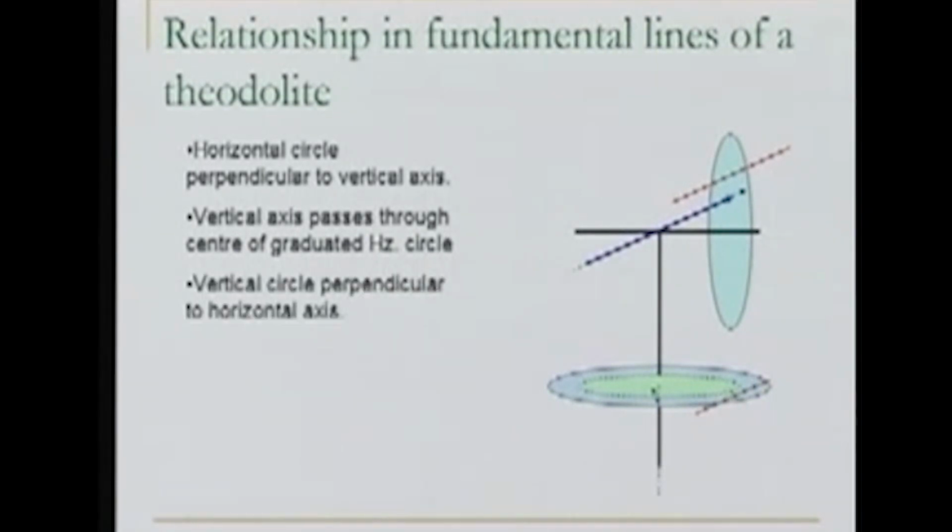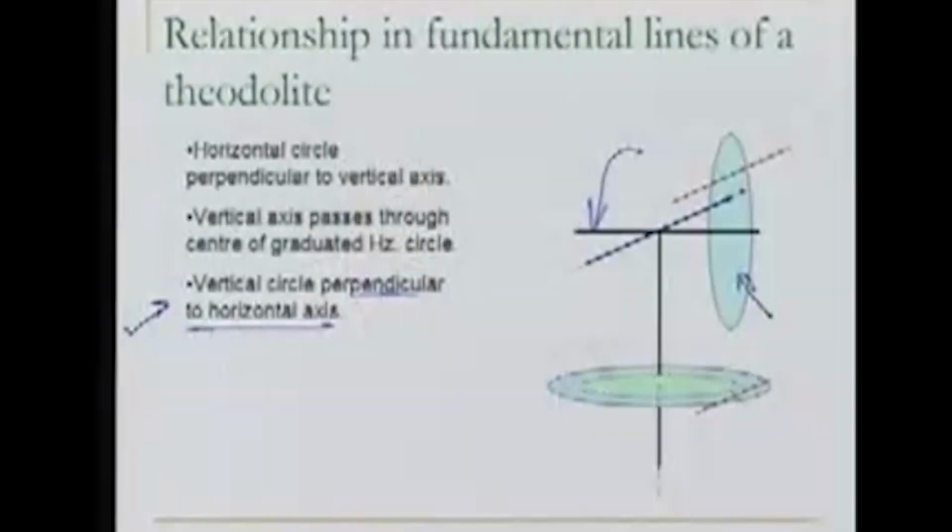Now we go further. Vertical circle should be perpendicular to the horizontal axis. This is the horizontal axis, which is also called the trunnion axis or transit axis, and this is the vertical circle. So these two should also be perpendicular.